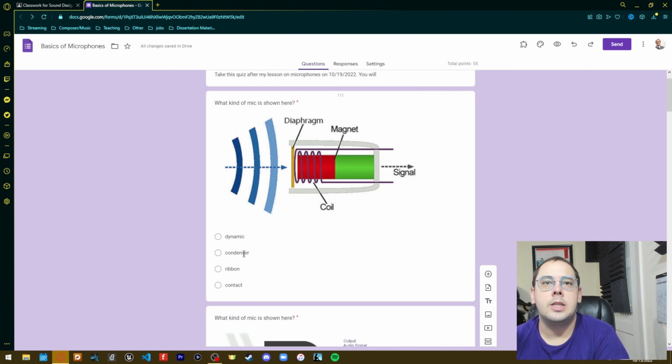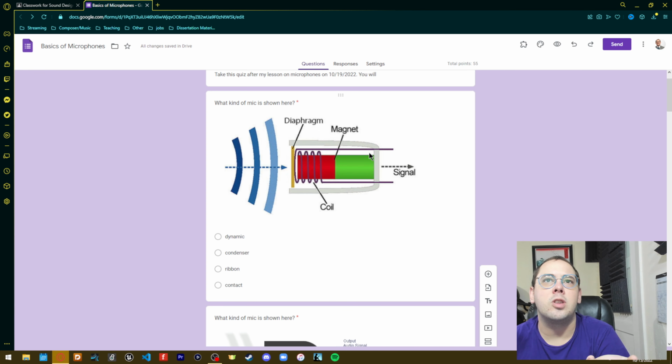I'll talk about condenser microphones in just a second, but ribbon microphones have a thin metallic strip that works like a cochlea in the human ear. We don't see a metallic strip in this diagram. A contact microphone, I only mentioned in passing in my lesson, is just a little metal disc that sits on something, and when that vibrates, it sends the electric signal.